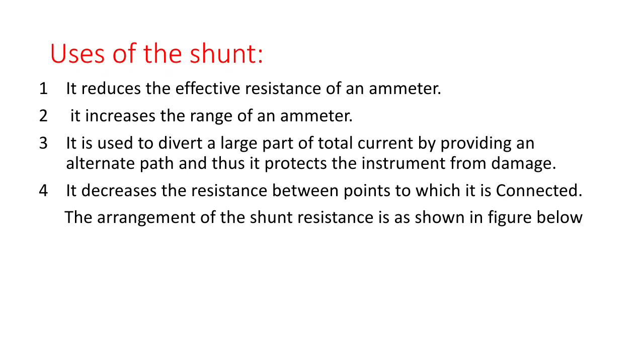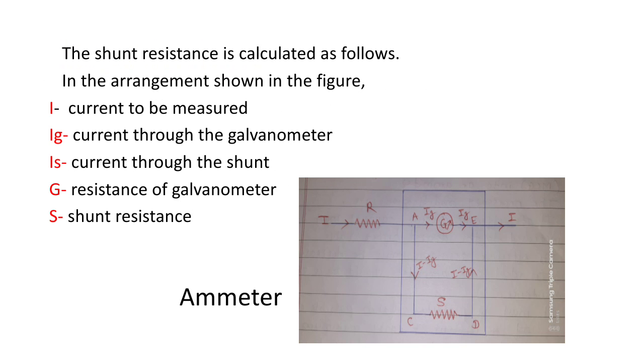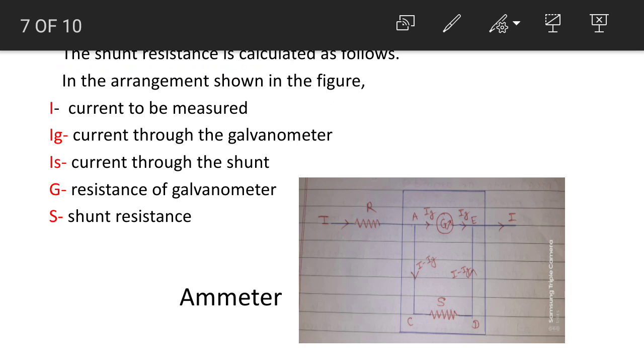Okay, so the arrangement of the shunt resistance is as shown in the figure below. In this figure, capital I is the current to be measured.